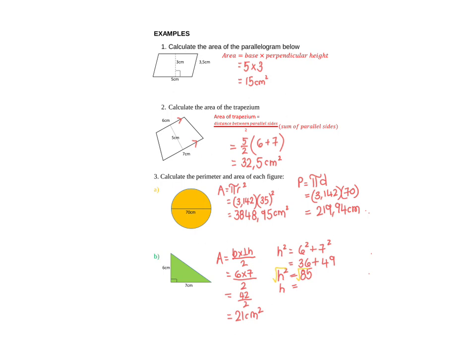So 85 square rooted is 9.219. We round to 2 decimal places, so 9.22 centimeters, and therefore the perimeter is equal to 6 plus 7 plus 9.22, and it gives you 22.22 centimeters.